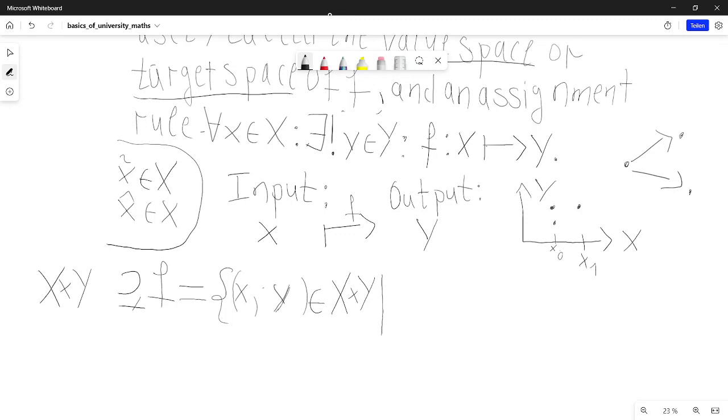And the question is how we do that. Well, we should require that... okay, how do I formulate that? That's a good question. Because being in this set, it's kind of okay.